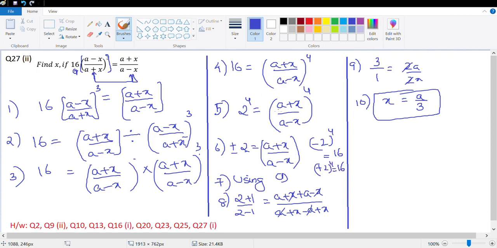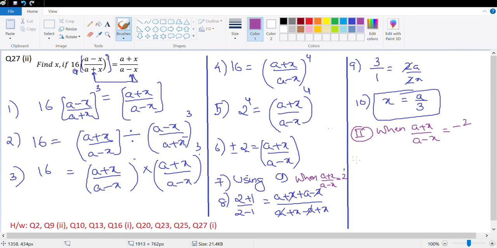So we can have two values of a plus x upon a minus x. I used only one. Let's try and use the second one. So this is when a plus x upon a minus x is equal to 2. Next, let's look at when a plus x upon a minus x is equal to negative 2. Let's see what we get.